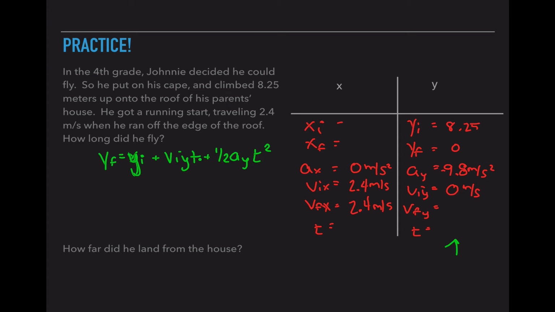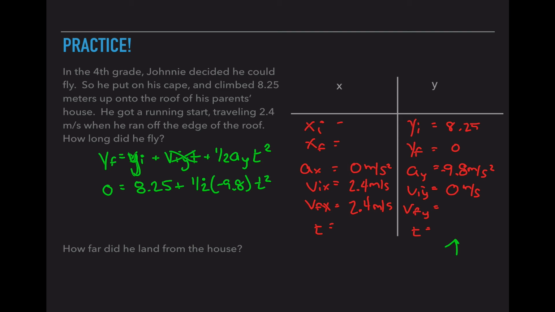We took that XF equation and just changed all the little x's to little y's. So YF is 0. YI is 8.25. VIY is 0, so this whole number goes away. 1/2 negative 9.8 t squared, and t is what we don't know.